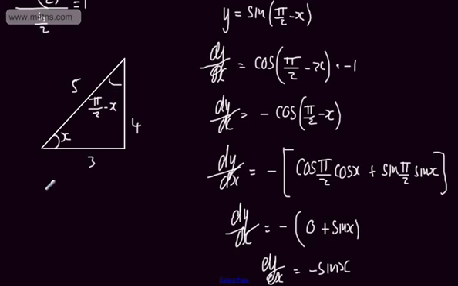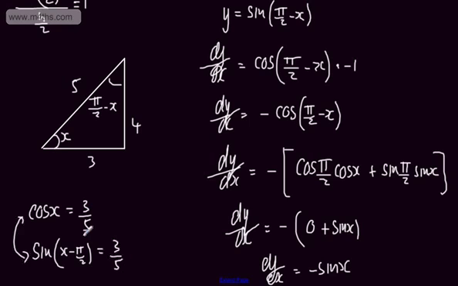Cos of x is 3 over 5, the adjacent over the hypotenuse, and the sine of pi by 2 minus x is the opposite over the hypotenuse, which is 3/5, so we can see these two are equal. You could quote that, and vice versa, and you can see exactly the same. It's entirely up to you how you want to view that, or you could show it graphically.